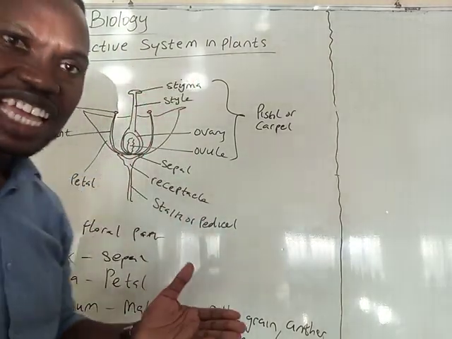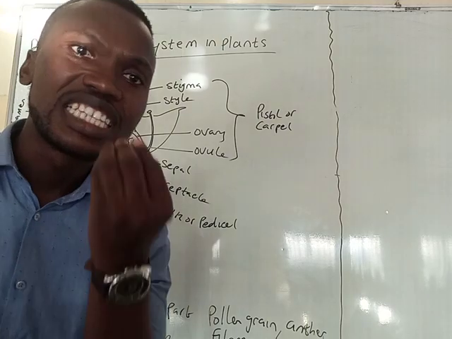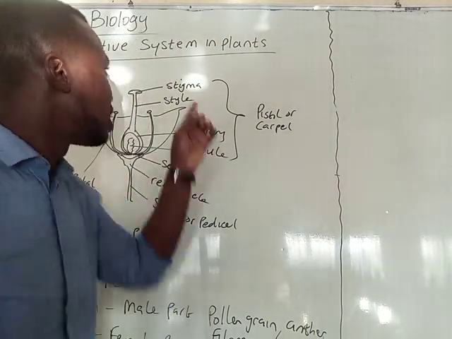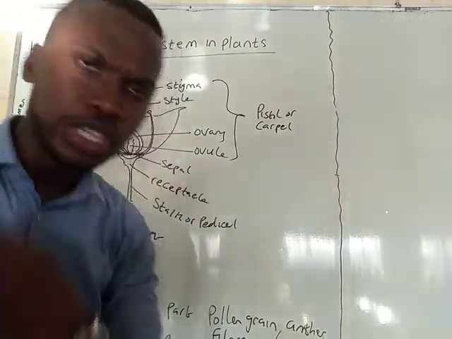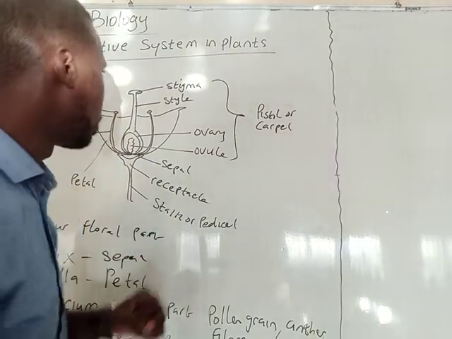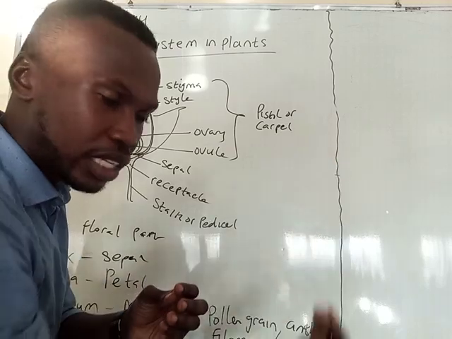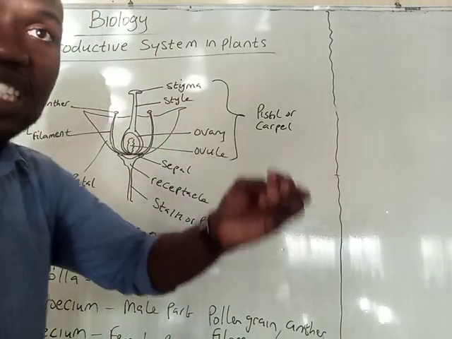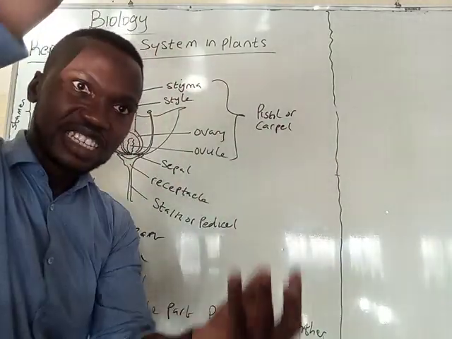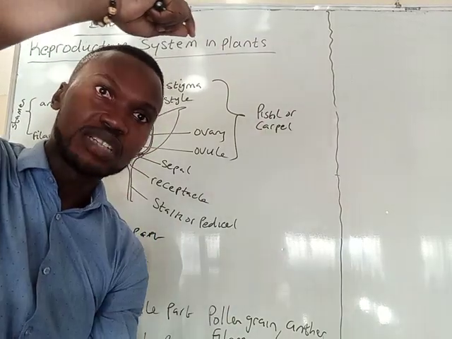The stigma is what collects the pollen grain. That's number 1. Number 2, the style. The style is like a tunnel through which the pollen grain travels after the stigma takes it.